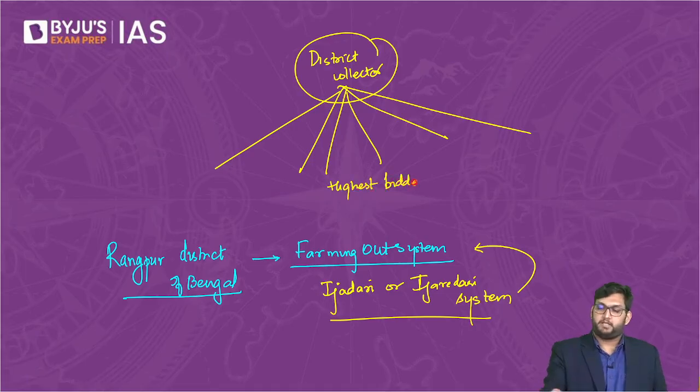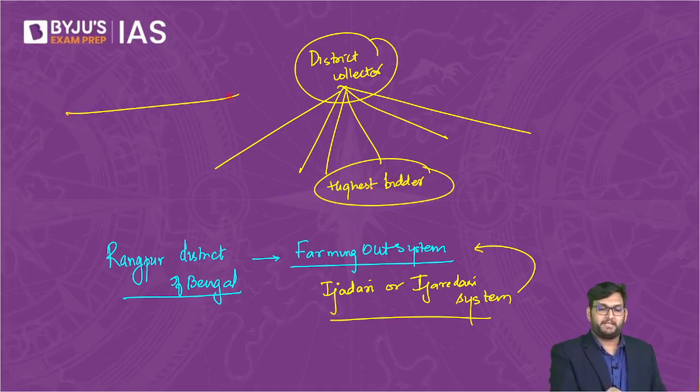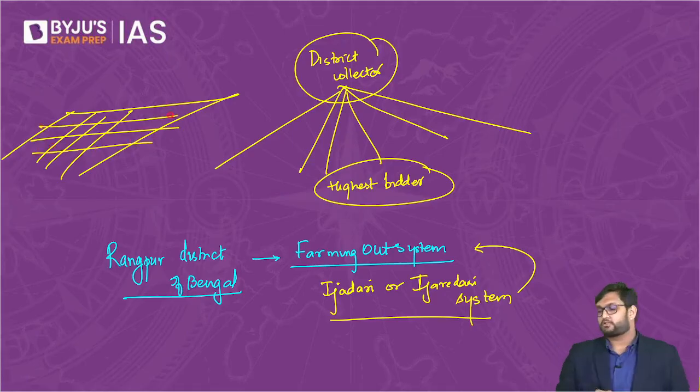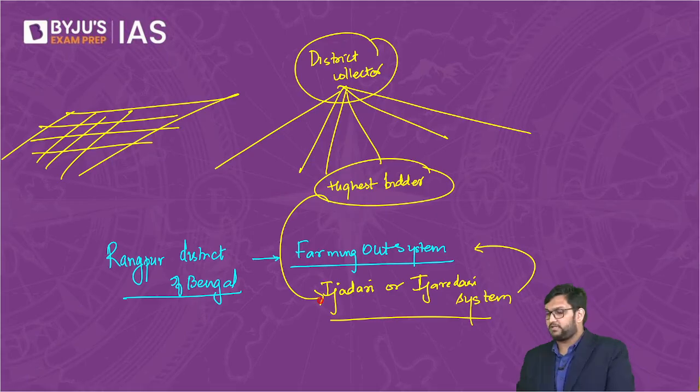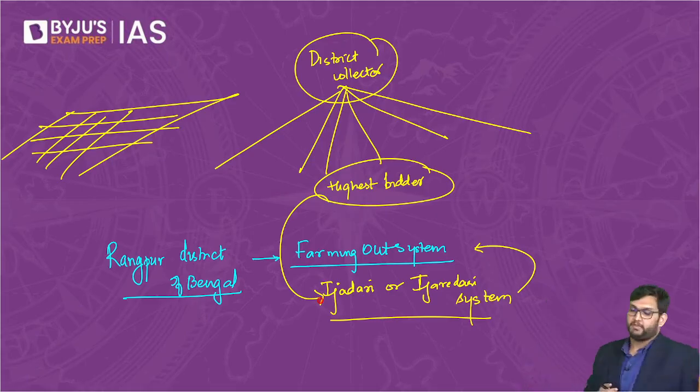They divided the whole of that area into certain divisions, and those divisions were then auctioned off to the highest bidder. That is the farming out system. And the highest bidder was actually called the Ijaradar, which is why the name Ijaradari system.